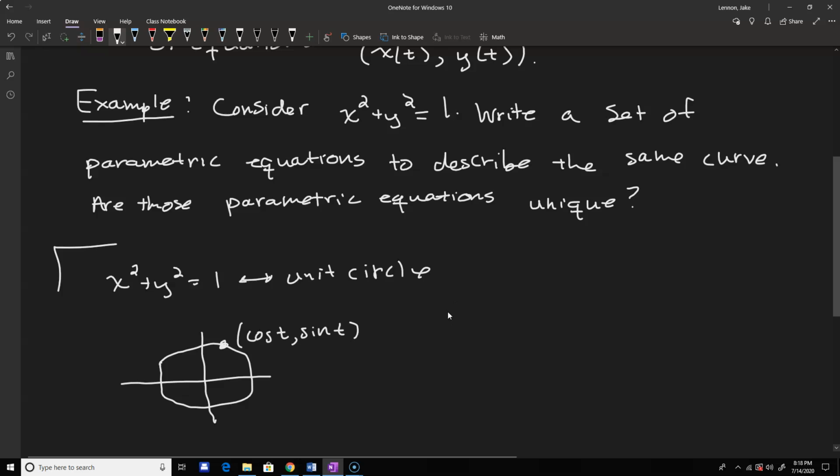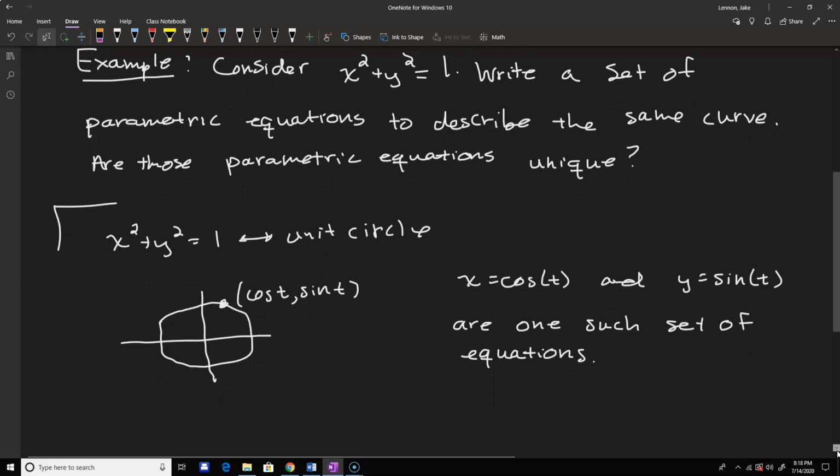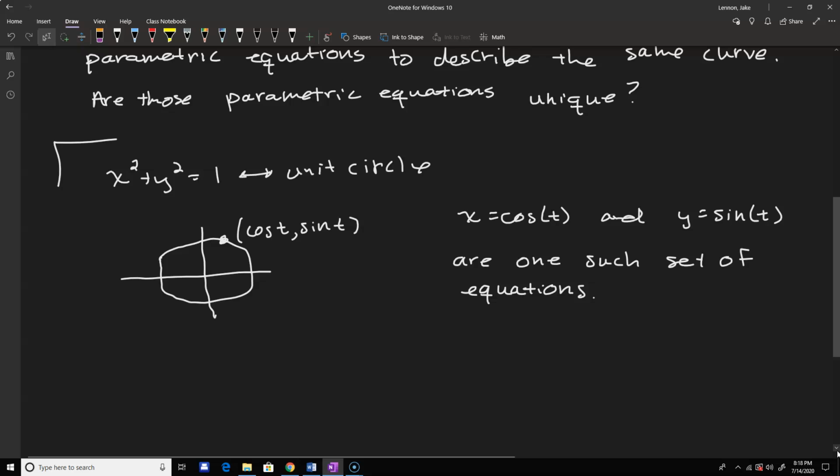So we could say x equals cosine of t and y equals sine of t are one such set of equations.